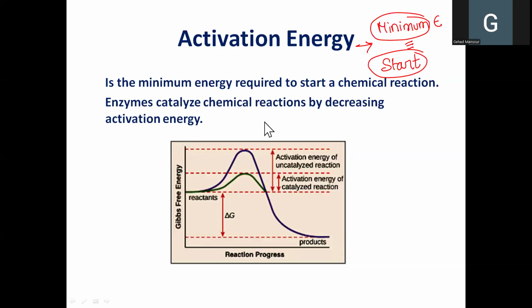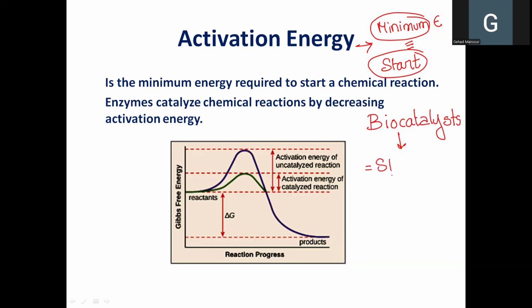So here on this slide, we are going to see how enzymes lower the activation energy, because we said before that enzymes speed up chemical reactions. We said before that enzymes are biocatalysts, meaning that they speed up chemical reactions inside living cells.